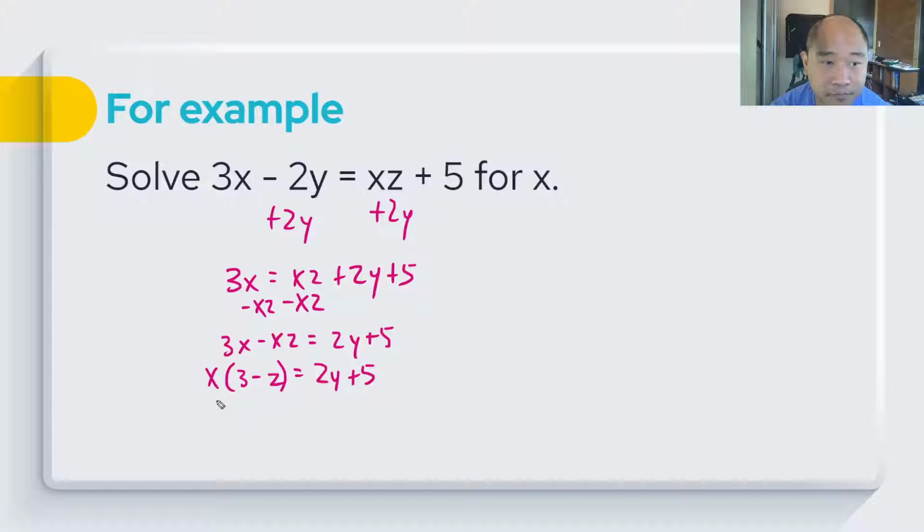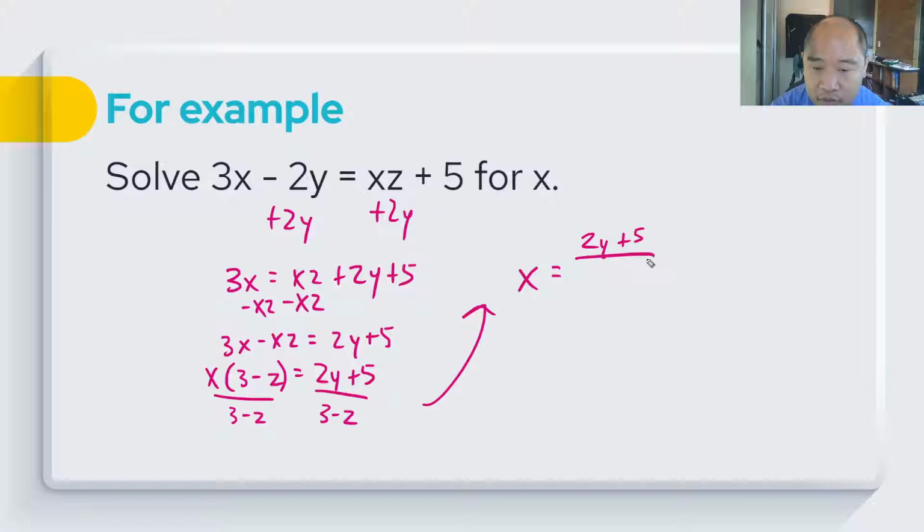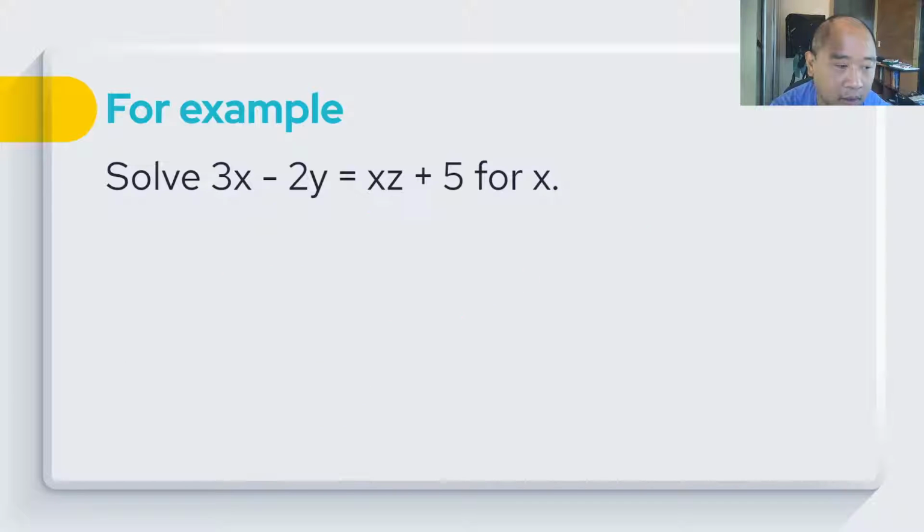And then I can divide both sides by 3 minus z to get x equals 2y plus 5 over 3 minus z. Okay. So that's how I would have done that one.